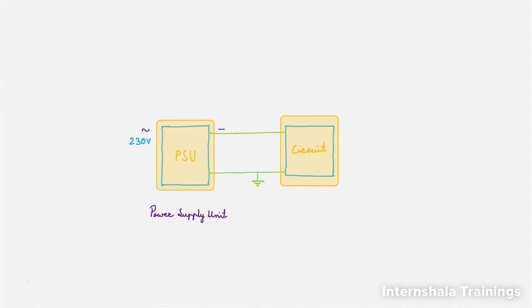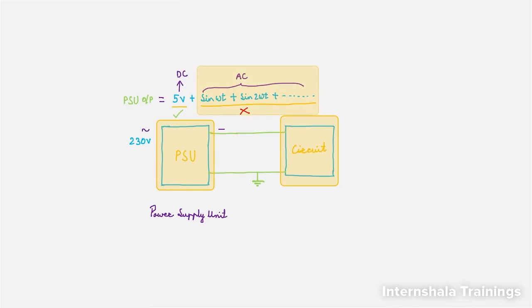AC components are nothing but all the signals or all the frequencies present in the power signal other than the DC components. So from the power supply we are getting both DC as well as AC components, but to power our circuitry we just want DC components, and we don't want the AC components.